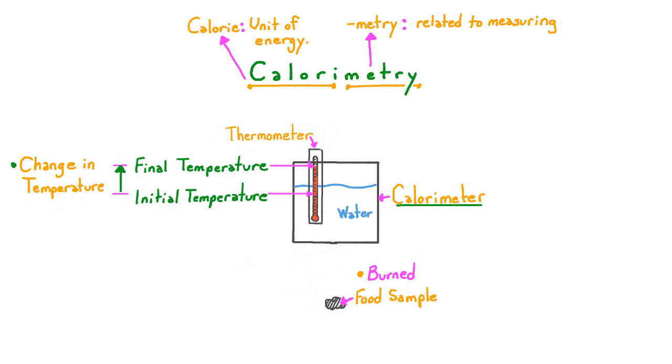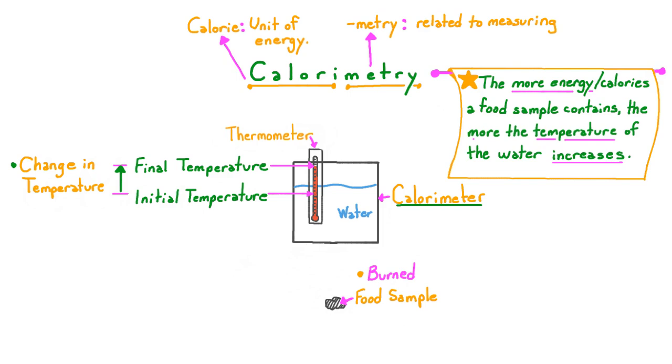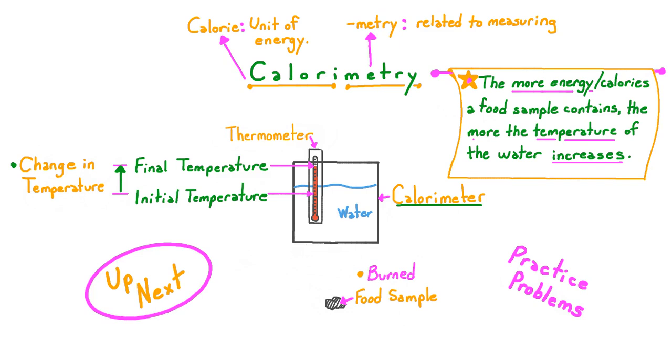And this is used to calculate the number of calories, or amount of energy, released from the food sample. So the key idea here is that the more energy or calories a food sample contains, the more the temperature of the water will increase. Up next, let's work through some practice problems.